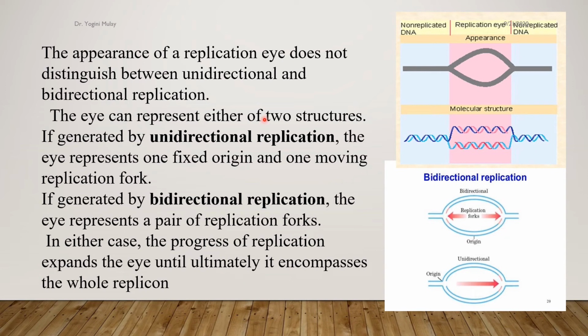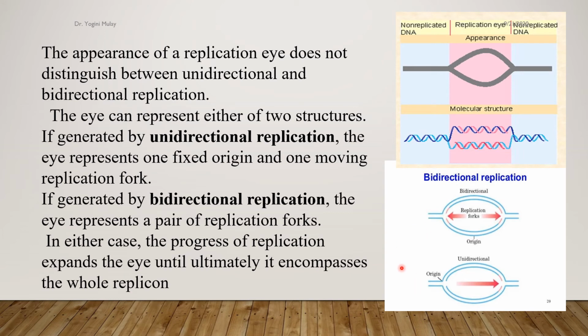Again, if this I is generated by unidirectional replication, then it has only one origin and only one moving replication fork. If the replication I is generated by bidirectional replication, then there would be formation of two replication forks. One will move in this direction, the second will move in this direction.